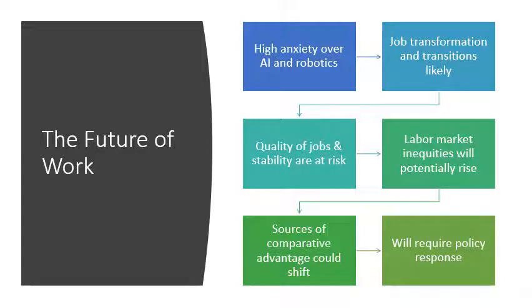The quality of jobs is also going to be at risk. You're going to watch a video for an exercise in the next slide, and the video points out that AI is better at coming up with legal briefs than it is at sweeping the floor. So that might mean we're going to be the ones stuck sweeping the floor.